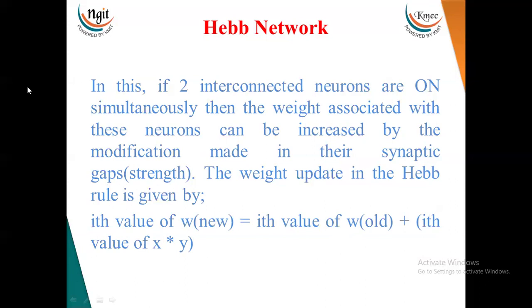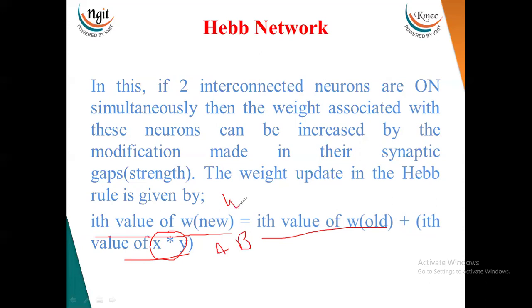This can be calculated with the formula: ith value of W new equals ith value of W old plus ith value of X into Y. So here, the new weight can be calculated by adding the ith value of X into Y. Suppose A is there and B is there.